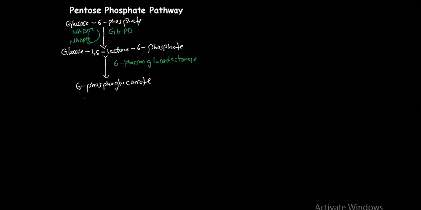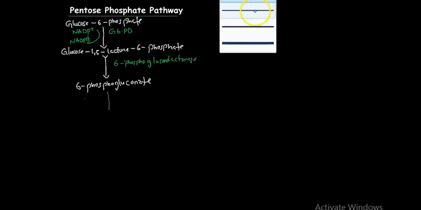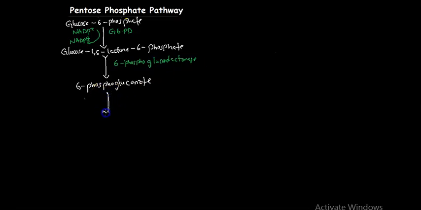For our next step, we have this important enzyme, which is called the 6-phosphogluconate dehydrogenase, written in short form as D for the dehydrogenase.